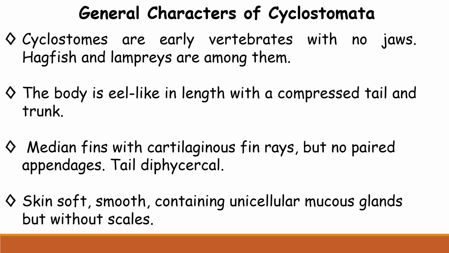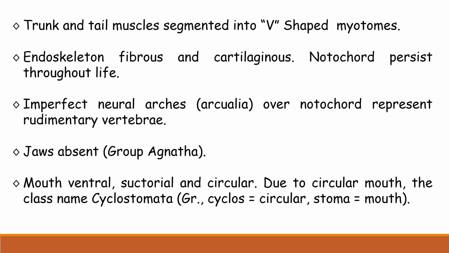Tail is diphycercal type. Skin is soft, smooth, containing unicellular mucus glands but without scales. Trunk and tail muscles are segmented into V-shaped structures known as myotomes.